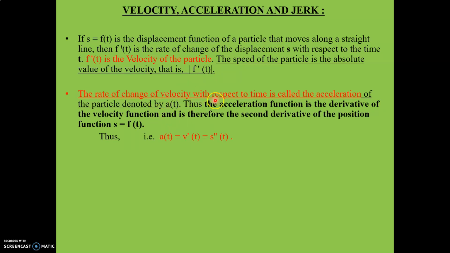The rate of change of velocity with respect to time is called acceleration and it is denoted by a(t). So a(t) is equal to the first derivative of velocity, that is v'(t), and the second derivative of displacement.